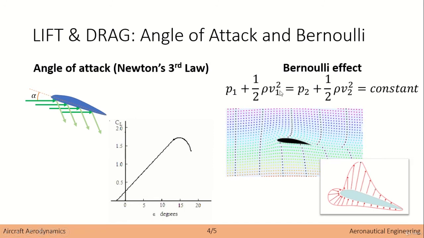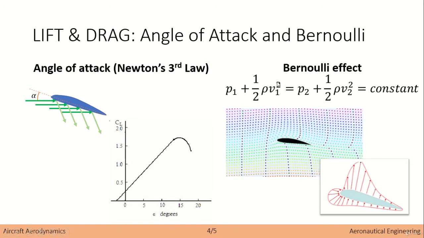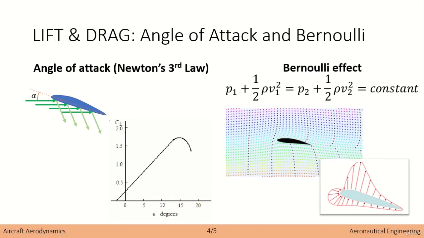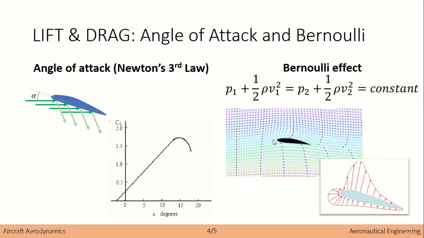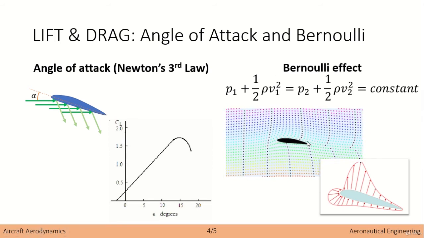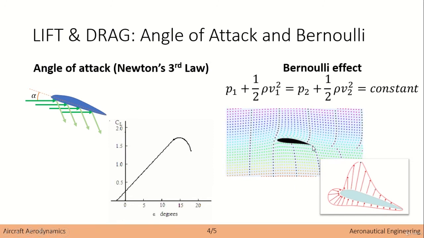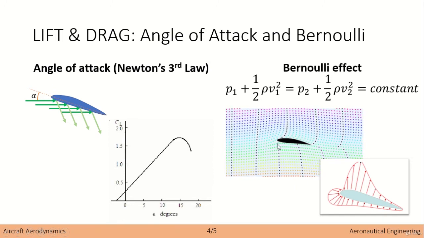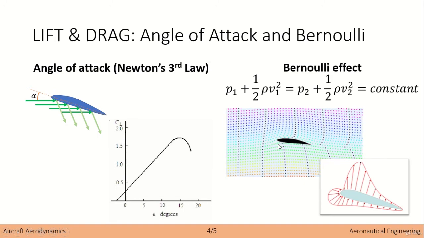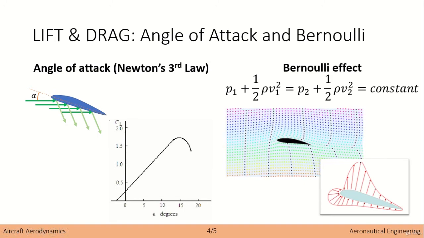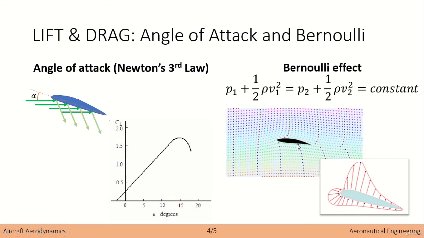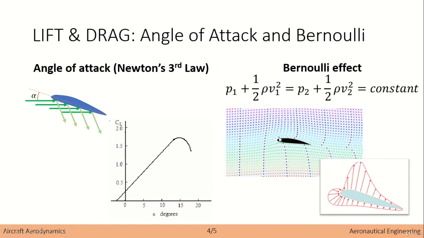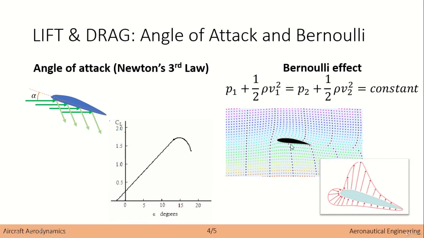Velocity on the top will actually be higher, okay, because we have this geometry. There's a lot of mathematics in the background, but they derive that this is the best geometry, in general terms, to create the difference in velocity between the top and the bottom, okay.